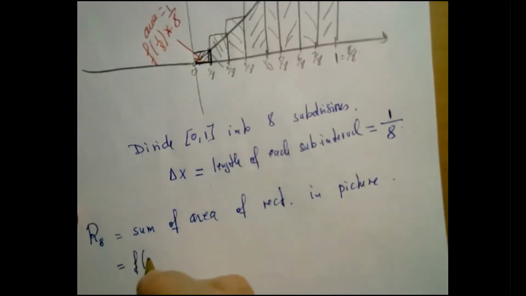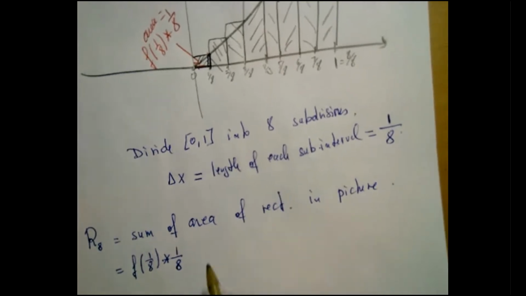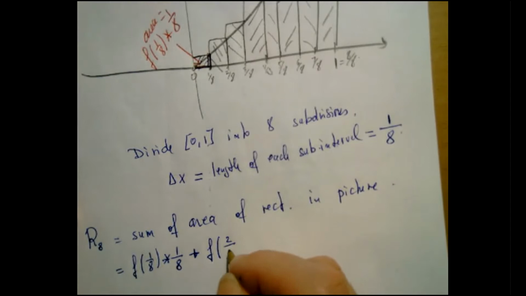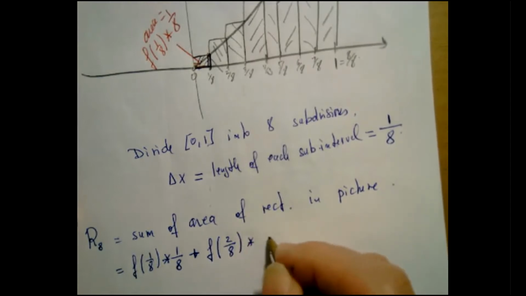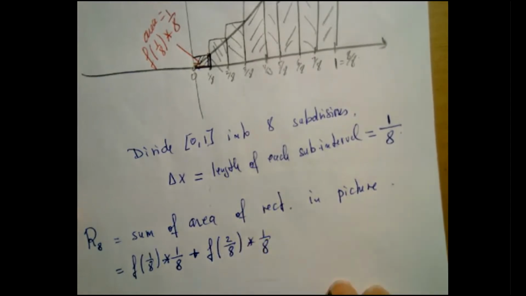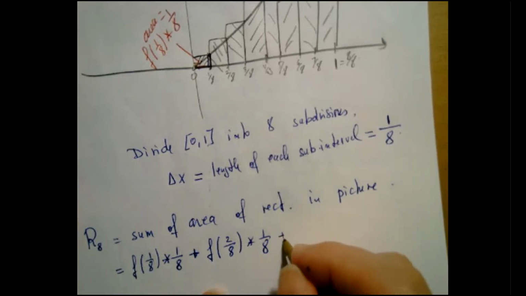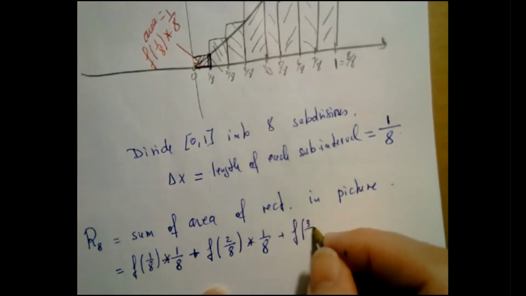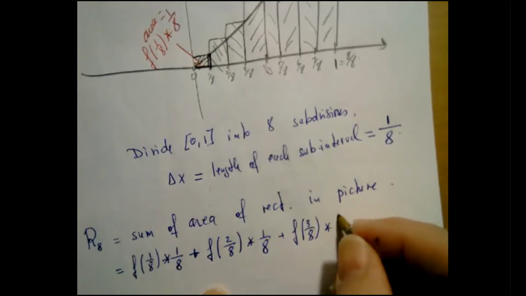So it's going to be the value at 1 over 8 times 1 over 8 plus, I mean not to write the whole sum because it's tedious, at 2 over 8 times 1 over 8. And then I keep repeating at 3 over 8. So I'm really adding a lot of stuff.